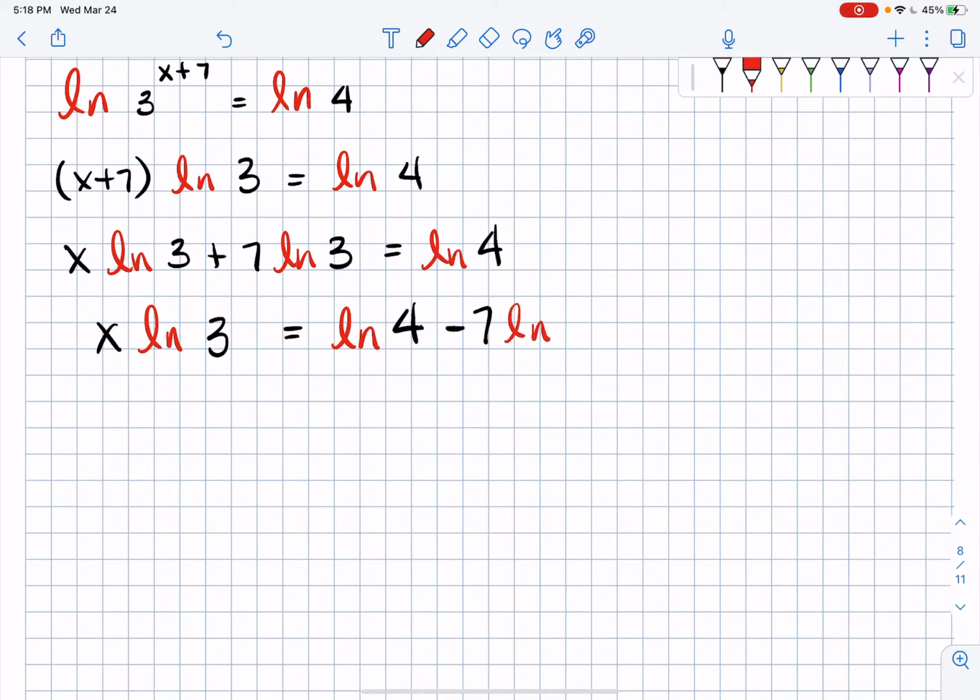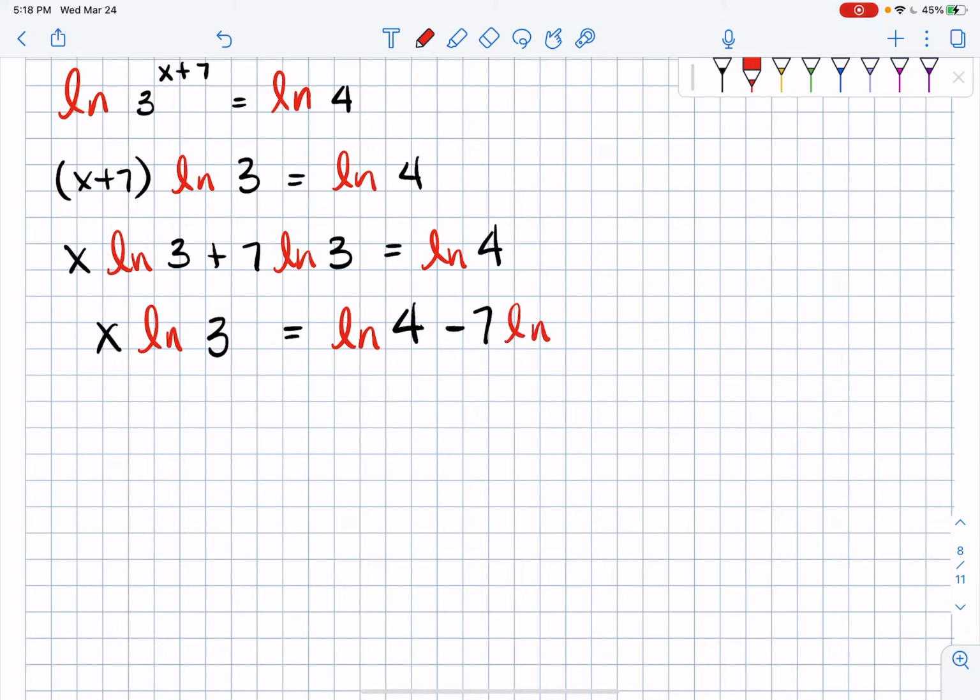Okay. So with that being said, now I can get x by itself by dividing both sides by ln of 3. So I got x is going to equal ln of 4 minus 7 ln of 3 all over ln of 3.